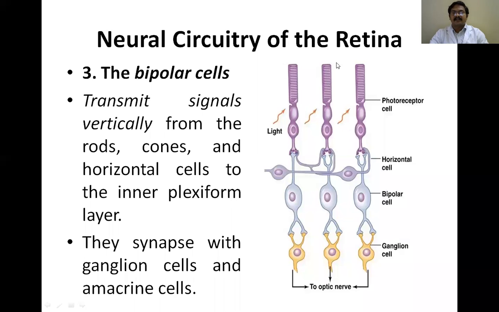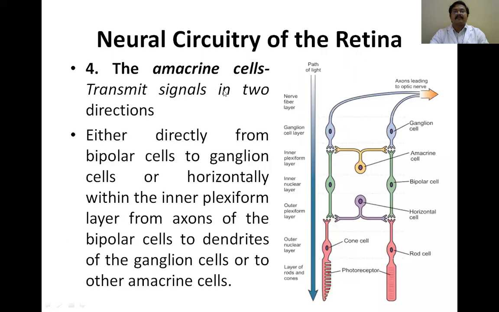They transmit the signals from the photoreceptors, rods and cones, and also from the horizontal cells to the inner plexiform layer. This is the inner plexiform layer, where the bipolar cells synapse with the ganglion cells, and the amacrine cells also form synapses.